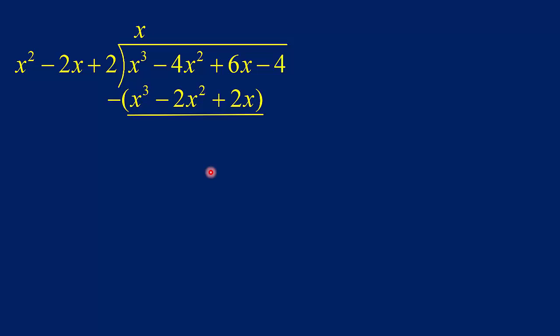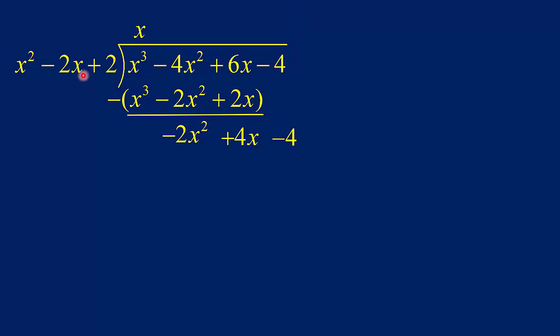Subtract. And it looks like I'm just going to get negative 2x squared here and a 4x here. See? So negative 4x squared minus a negative 2x squared gives me a negative 2x squared. 6x minus 2x is 4x. And then I bring down the next term.